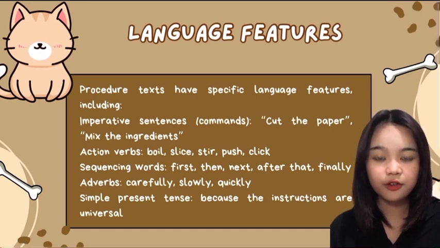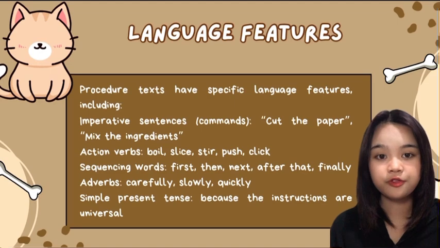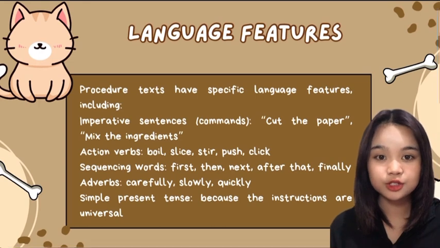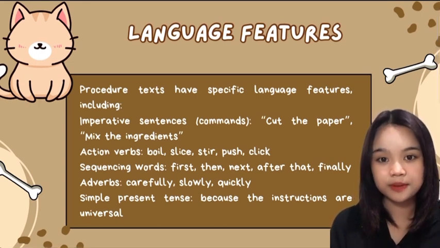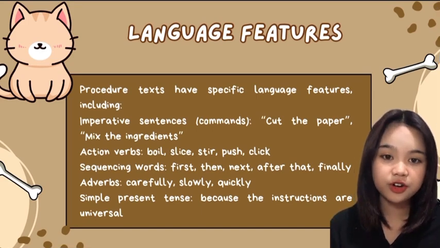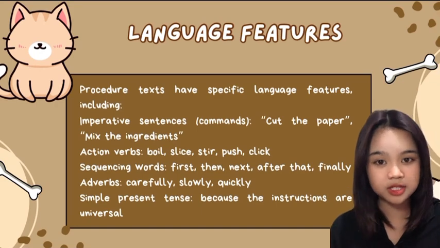Then, it often uses sequencing words such as first, next, after that, and finally. We also use adverbs like slowly, gently, or carefully to explain how the action should be done. And overall, procedure text is written in the simple present tense.